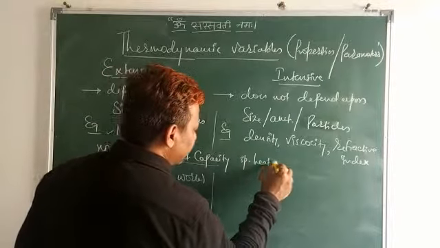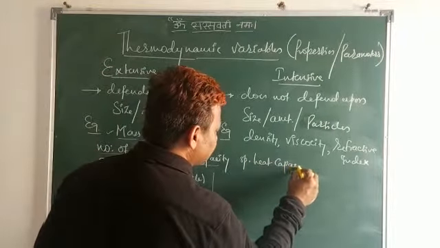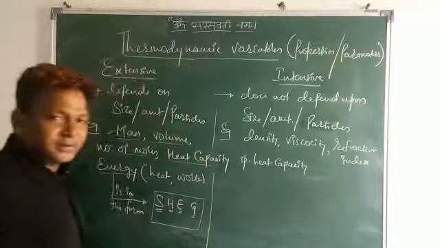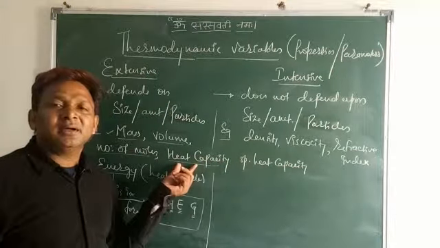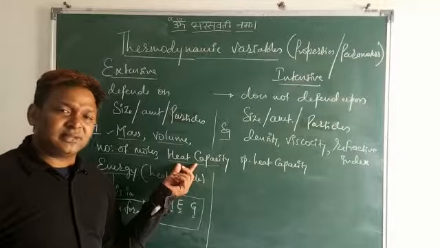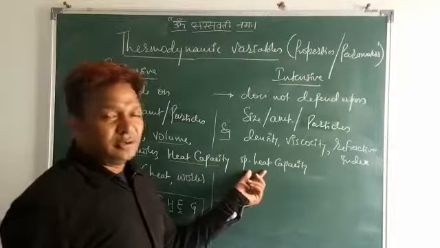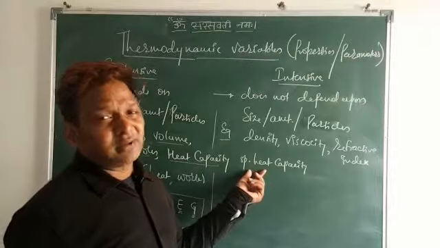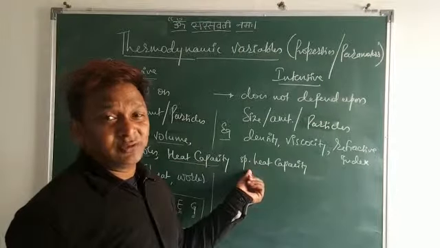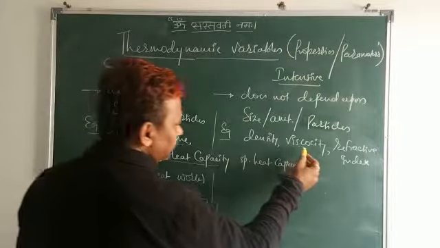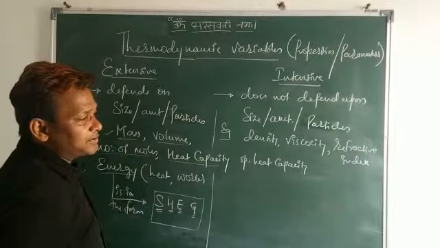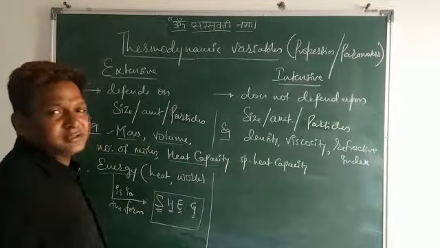What heat capacity and specific heat capacity are, we are going to learn in this chapter. Heat capacity is the amount of heat required to raise the temperature for a given amount of the substance; specific heat capacity is for 1 gram of a substance. If it is for 1 mole, that is molar. So density, viscosity, refractive index, specific heat capacity are examples of intensive property.